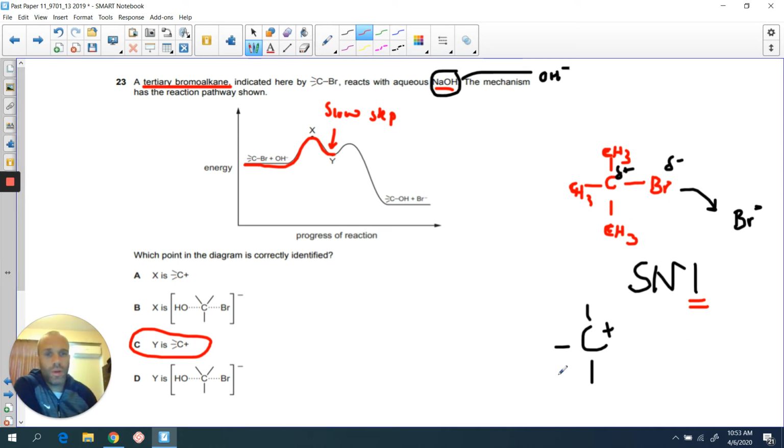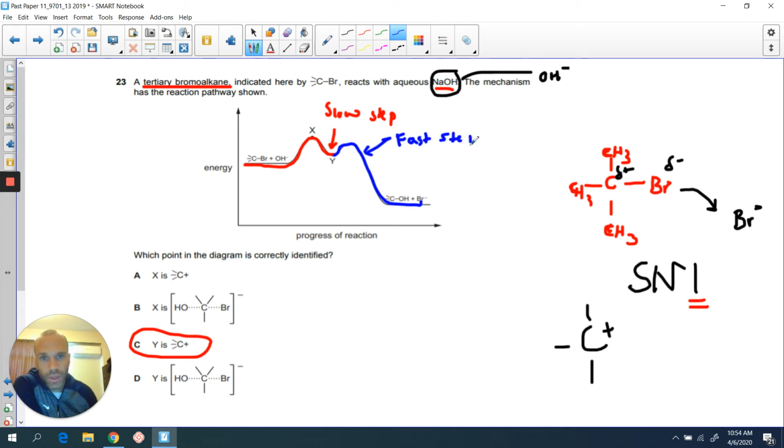So what's going to happen next in what we call the fast step? First of all, let me illustrate that fast step. It's going to be this next bit here. This can be considered to be the fast step, the second part of the reaction. Let's quickly talk through why this step has no influence on the reaction rate.